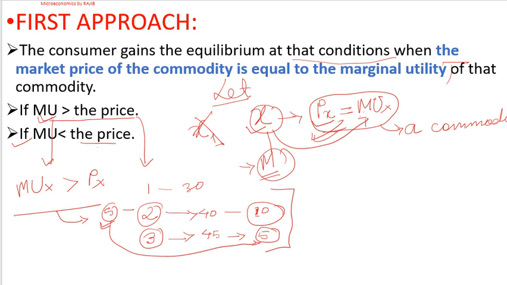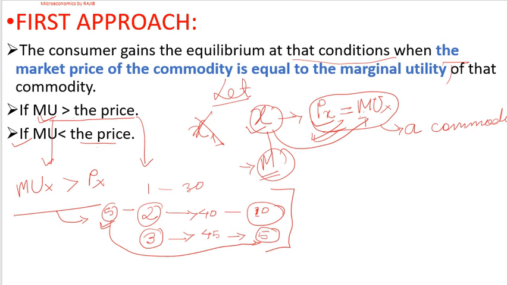He has the extreme satisfaction, and this is called the consumer's equilibrium condition. At that condition, when the price of a commodity is equal to the marginal utility of the commodity, that is the extreme satisfaction of the consumer.